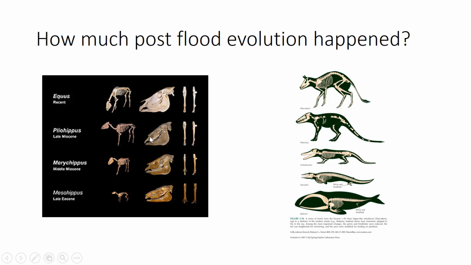And so the authors of the textbook talk about the horse series and how it is what you might expect as you get diversification in a created kind after the flood, that you move from smaller and more generalized to larger and more specialized, and is very similar to what you find in a number of mammal groups and bird groups following, in Cenozoic deposits, the move from smaller and more generalized to larger and more specialized. Some of them don't follow quite that same rule.